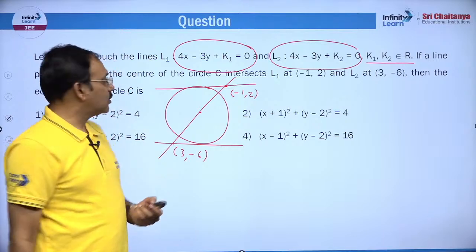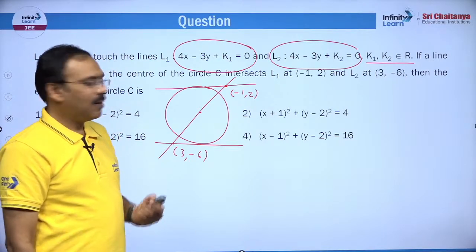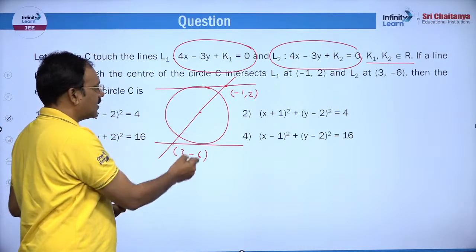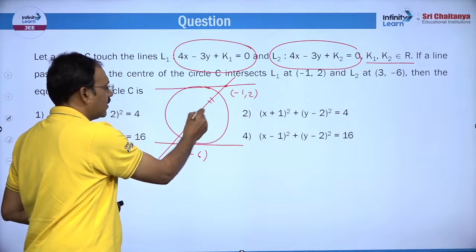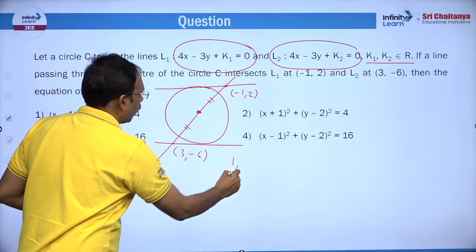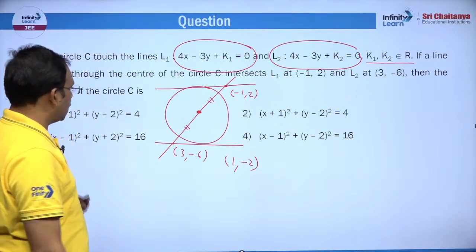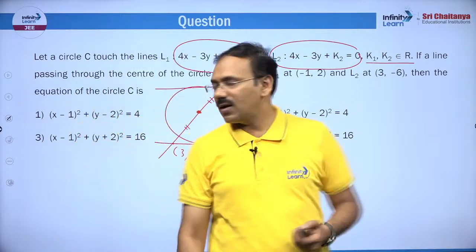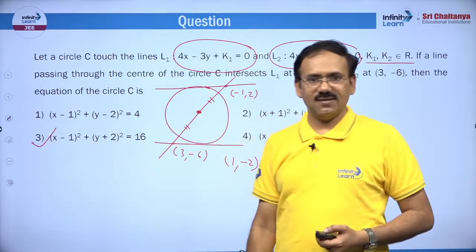Since these two are parallel lines, the center is undoubtedly going to be the midpoint of these two points. The midpoint is (1, -2). Luckily, in the options there is one and only one option with center (1, -2). So you can go with option number 3, that is all.